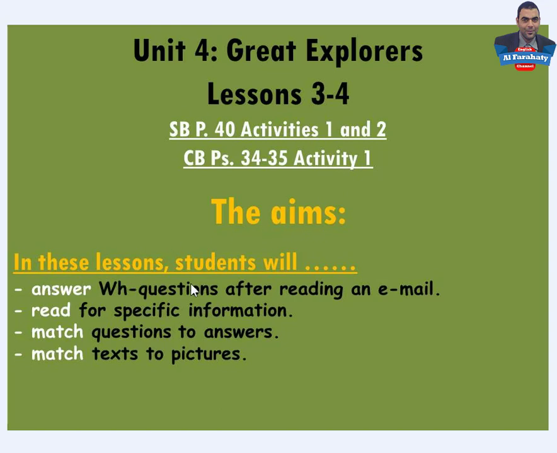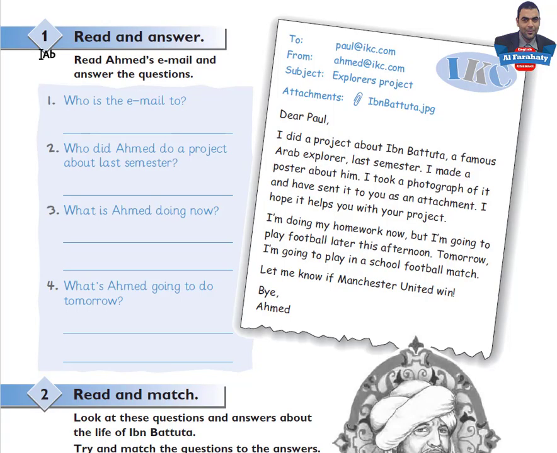In these lessons, students will answer WH questions after reading an email. Read for specific information. Match questions to answers. Match texts to pictures. Let's go to page 40 of your skills book.